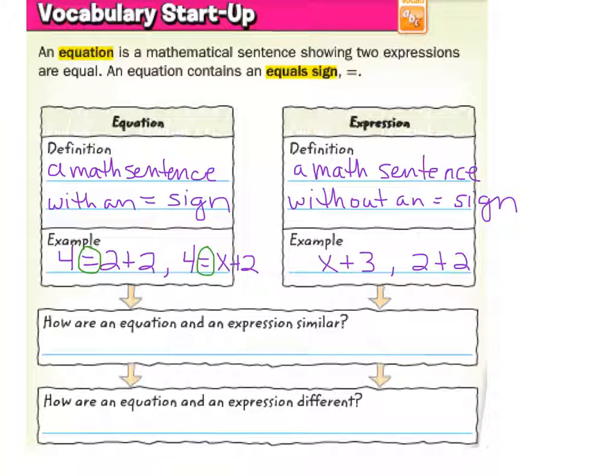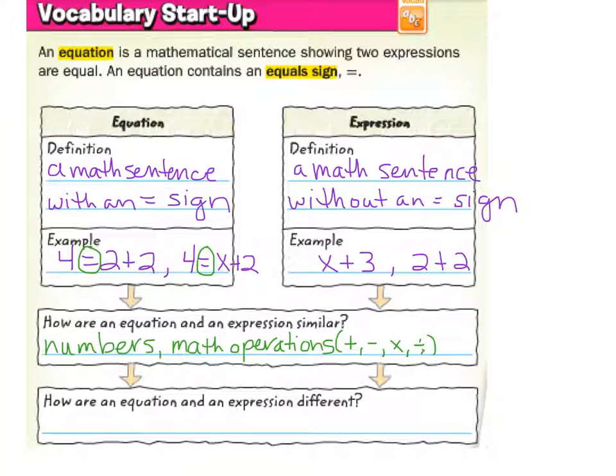How are equations and expressions similar? Well, they have numbers and math operations. And when I say math operations, there are 4 of them. We add, subtract, multiply, or divide.